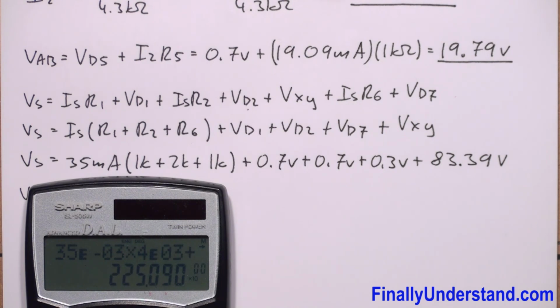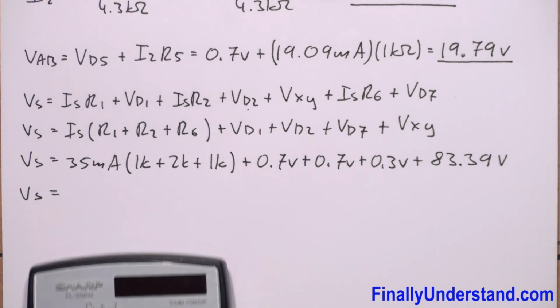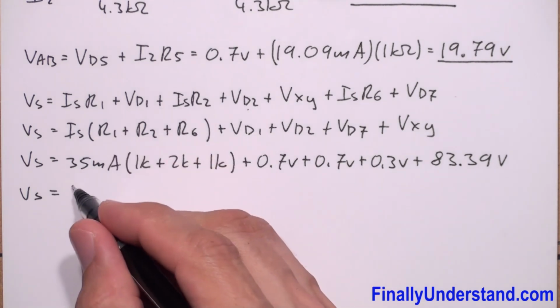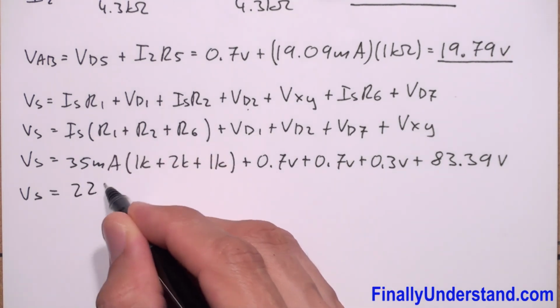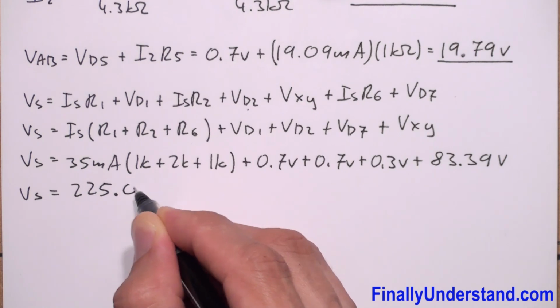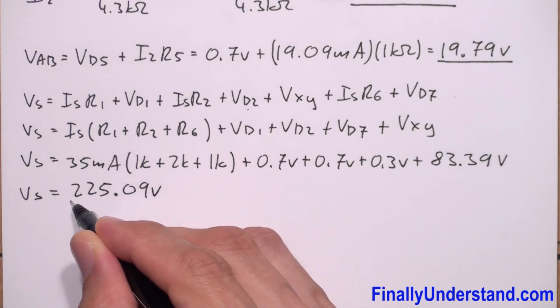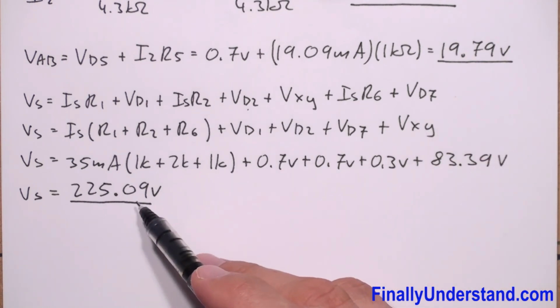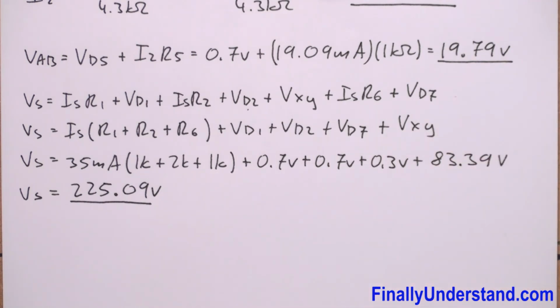This is equal to 225.09 volts. So we found VAB and we found the voltage source, so we can say that the problem is solved.